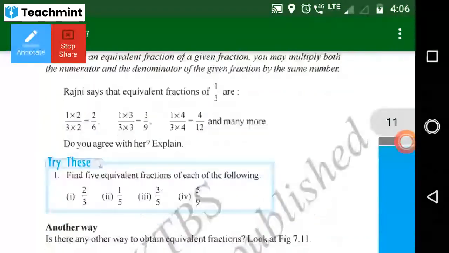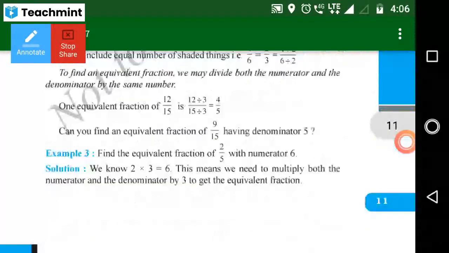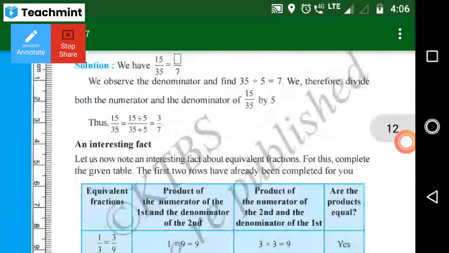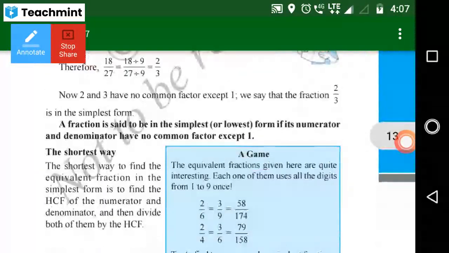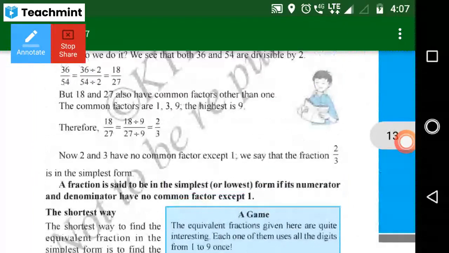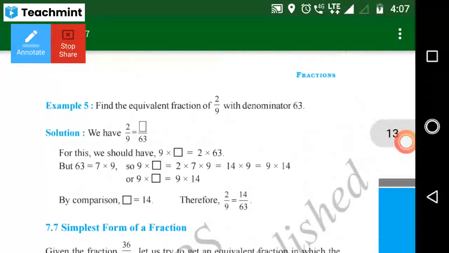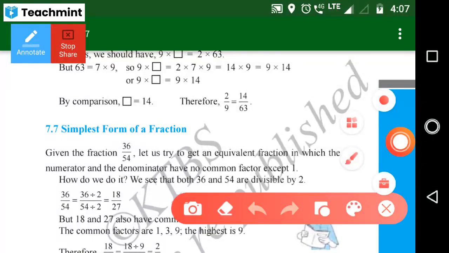Yesterday up to where did we complete? We already completed equivalent fractions. Ma'am, we completed try these questions. Ma'am, your voice is breaking. Start simplest form of a fraction.